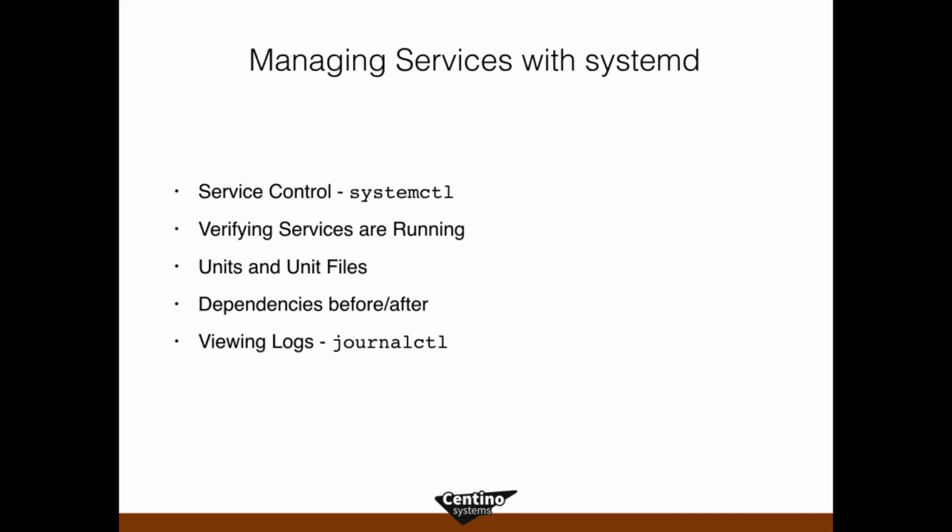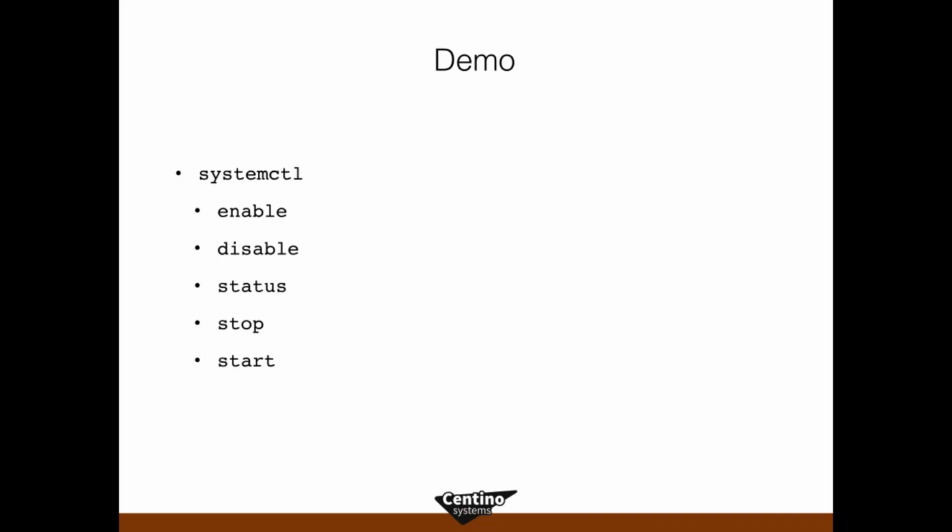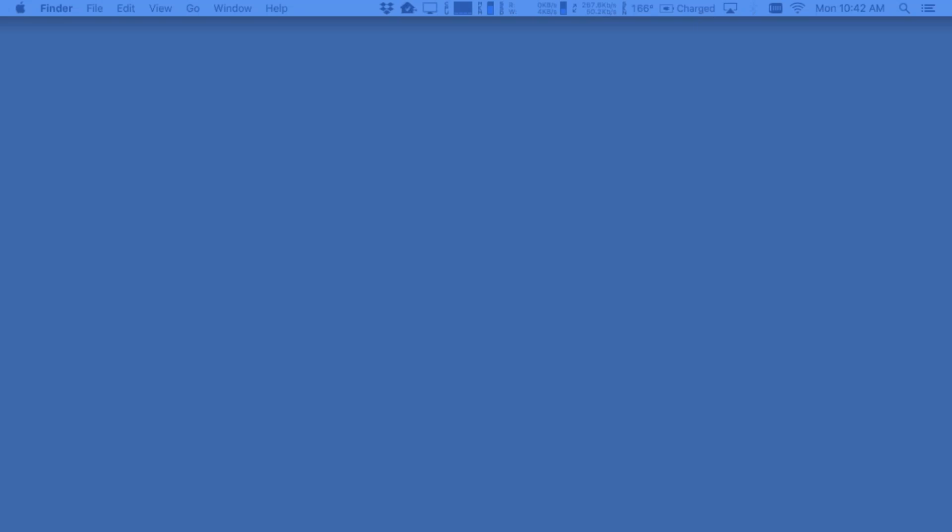If there's something wrong with the service, this is the first place that I go to look to see what that output was from that command and go debug why that service is either stopping or not starting at all. Let's jump back into the demo again and look at using systemctl to enable, disable, check the status of, and stop and start a service.